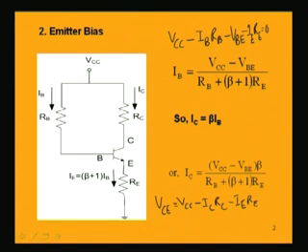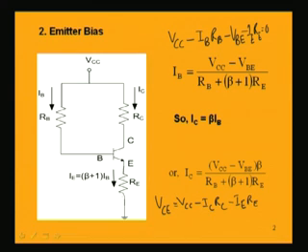To counter that effect, it is taken care of by this emitter resistance. If we now have a rise of IC because of the rise of ICO, what will happen? The drop across this emitter resistance will rise, because this drop is IE into RE, and it will increase because of the increment of IC.